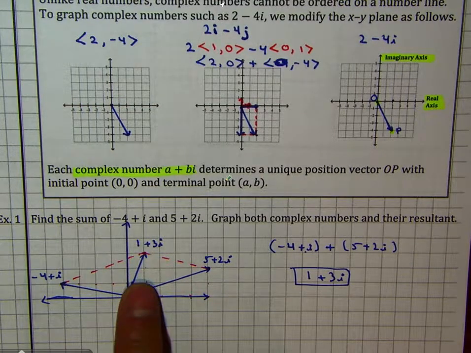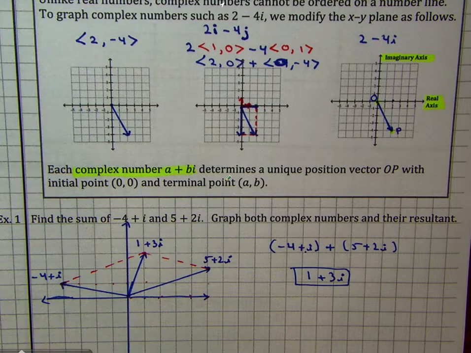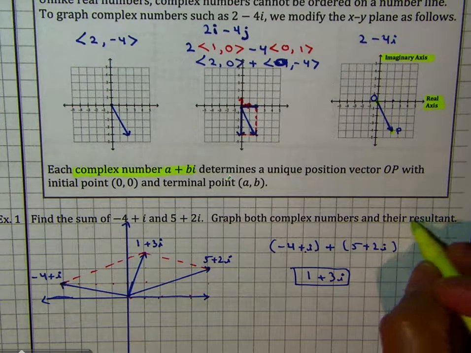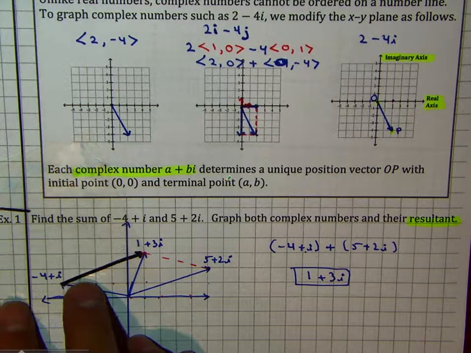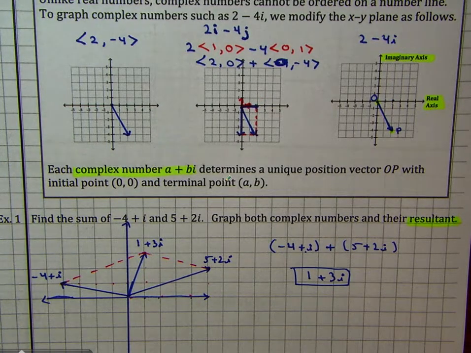Now, your graphical representation is very important, and the resultant part is also very important as we go into the next sections. So make sure that you're able to graph it and you're able to move your vectors either here, over here, or this one up here, and you end up in the same location.